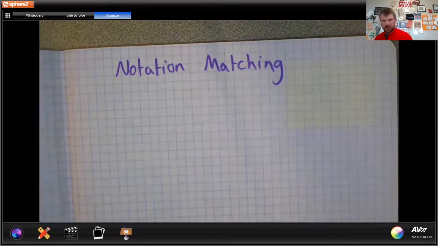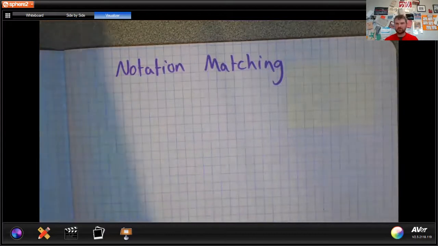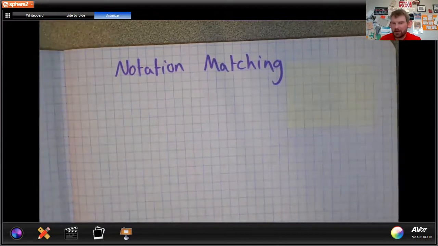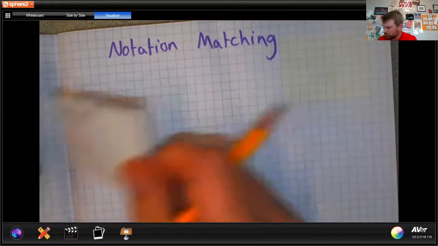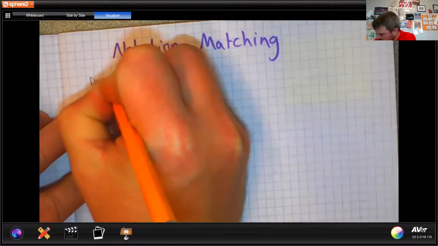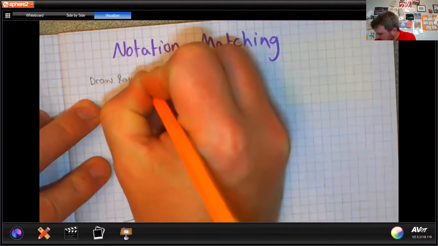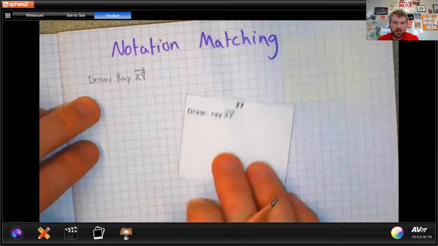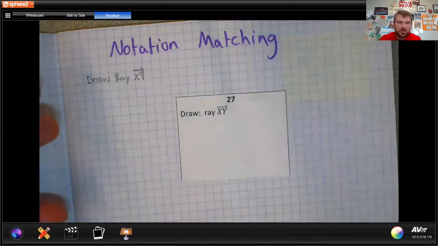There will be, I believe, 18 little spots, and it's card matching, kind of like what we did before. I'm going to get a pencil here, because you'll want to do this in pencil at first. Let's say one of the spots says draw ray XY. Then you're going to find a card that has ray XY drawn on it.